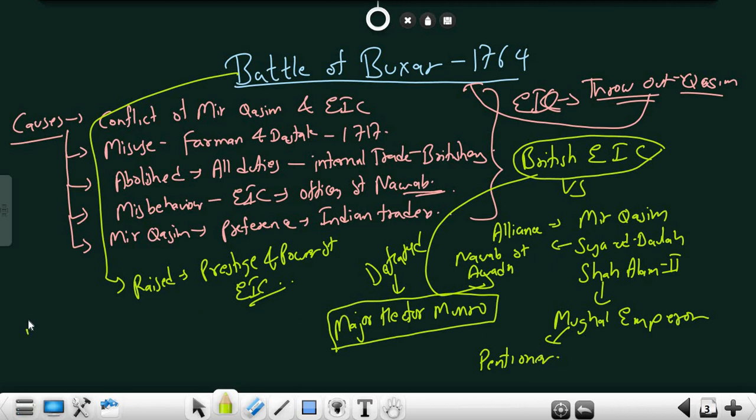And this battle resulted in Treaty of Allahabad, which took place in 1765.